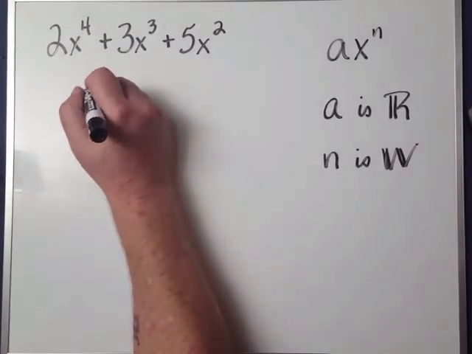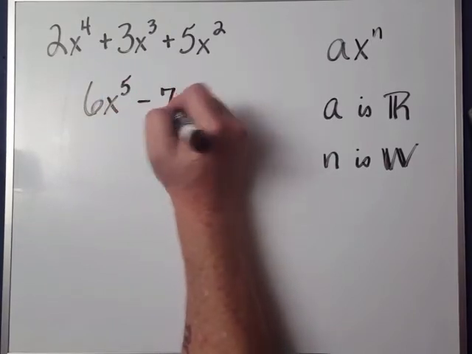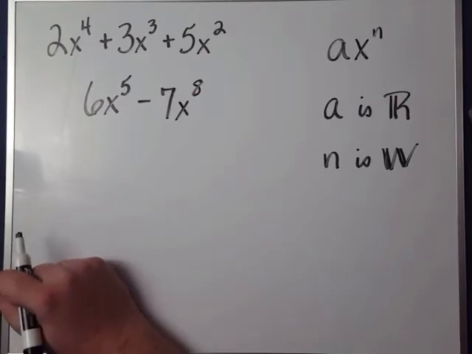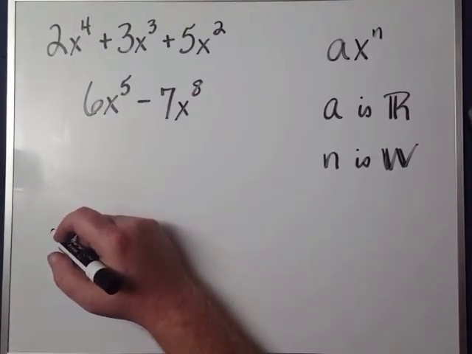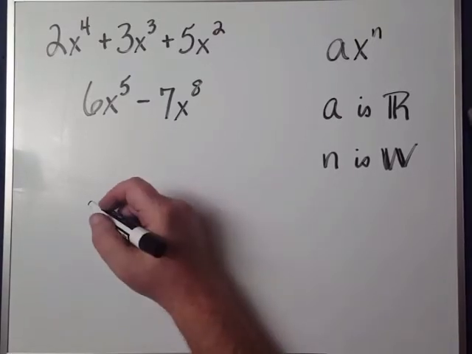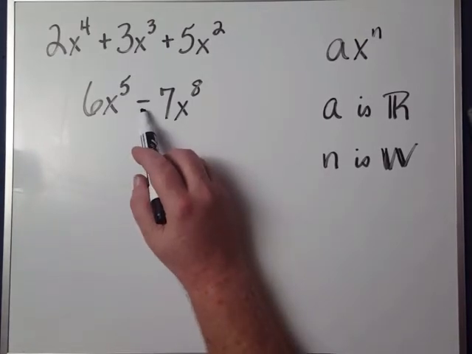What about this? Do we have a polynomial? Is this the sum of a finite number of terms? Yes, it is. We can think of it that way. I know it's a difference. I know there's a subtraction there.